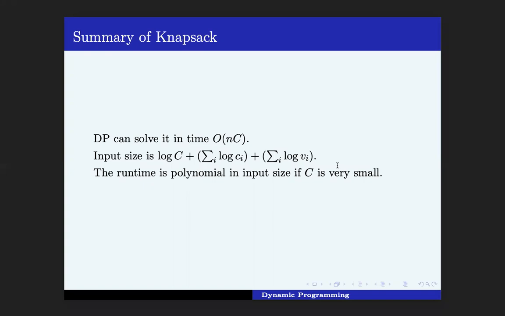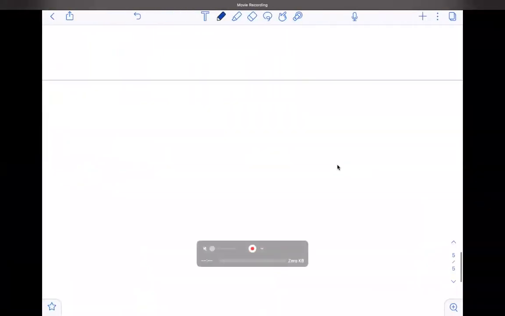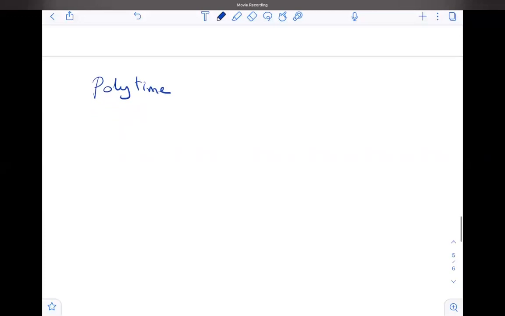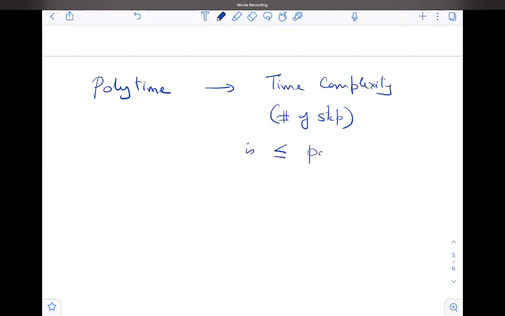I don't remember if I have used this term earlier, but whenever we say an algorithm is a polytime algorithm, this means that the time complexity, or number of steps, is upper bounded by some fixed polynomial in the input size. This is something very crucial.